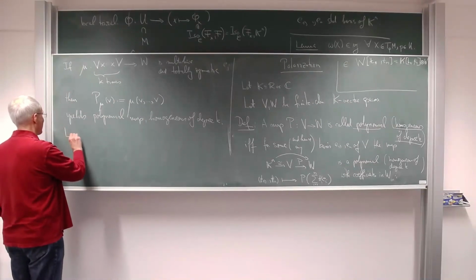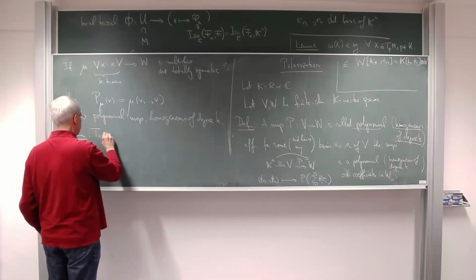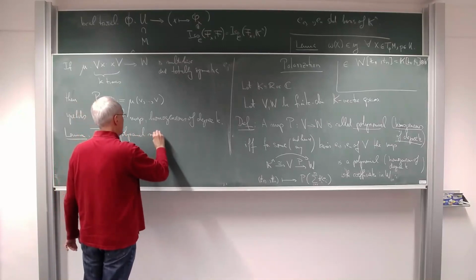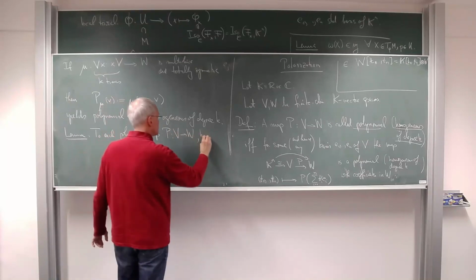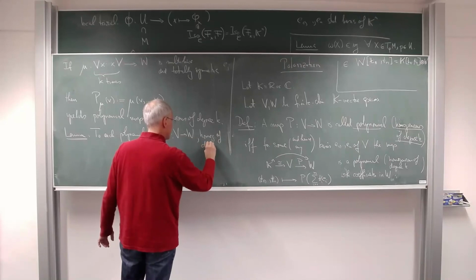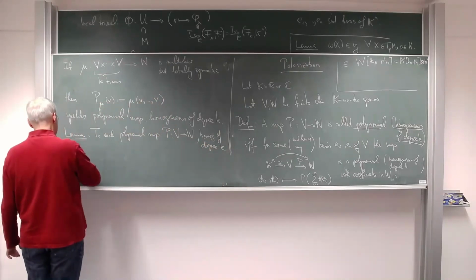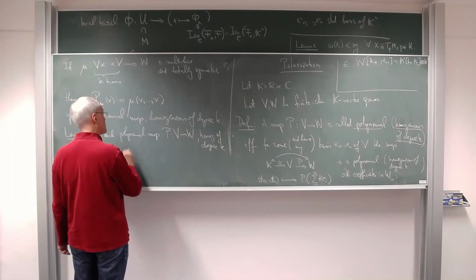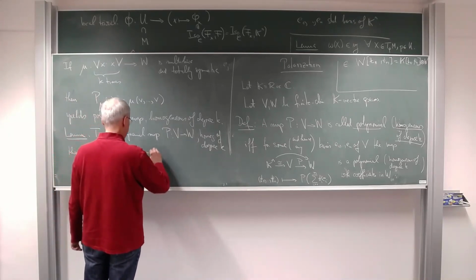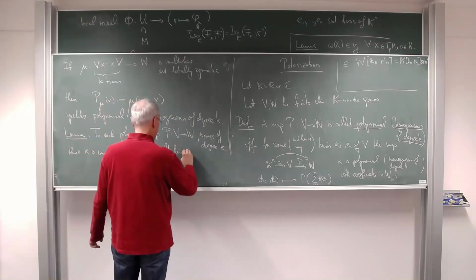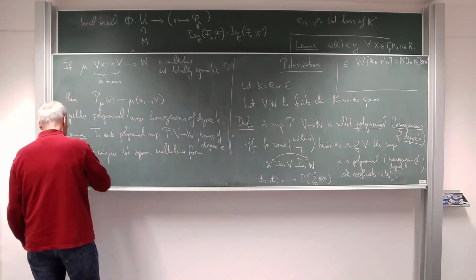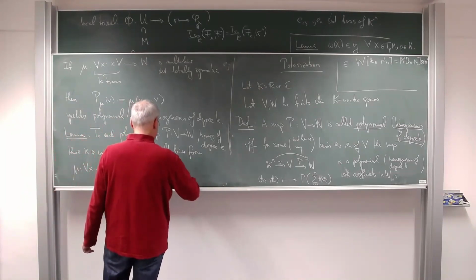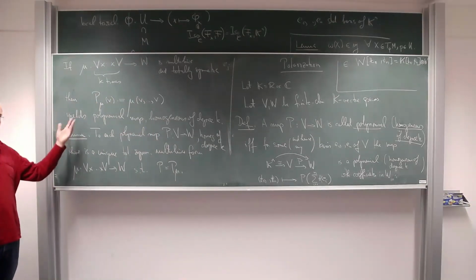So, lemma: to each polynomial map P from V to W, homogeneous of degree k, there exists a unique totally symmetric multilinear form mu with k entries such that P equals the polynomial obtained from mu. So you can really go forth and back.